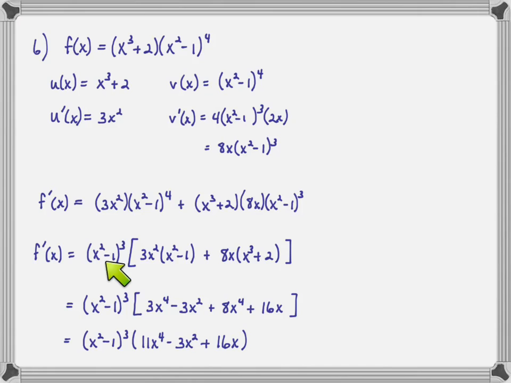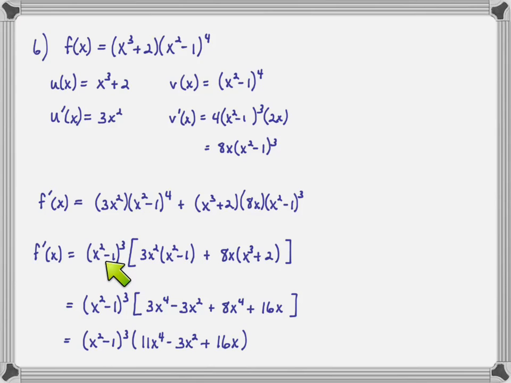So I factored that out. If I take (x^2 - 1)^3 away from this term, it will leave the 3x^2, which I have here, and the x^2 - 1, the extra one that's not included in what I factored out. So there's one left there.